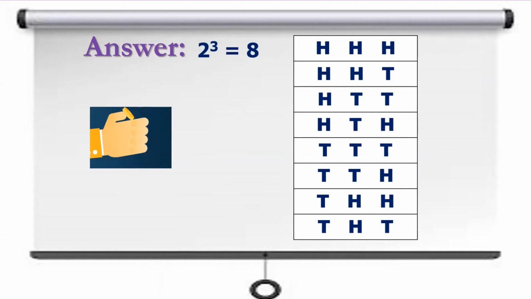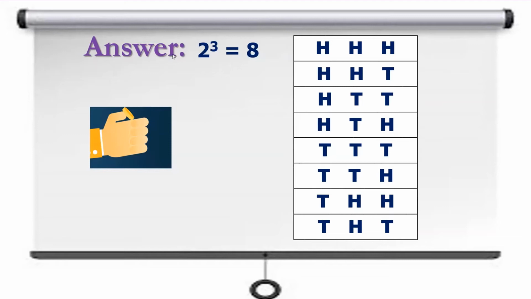So later, when we go to the definition of permutation, you will understand why THH is different from HHT, because the position or the order is important. It means that even if it has two H and one T, the arrangement is different. HHT has a different arrangement from HTH and THH, even though each has two H and one T. So, arrangement or order is important.